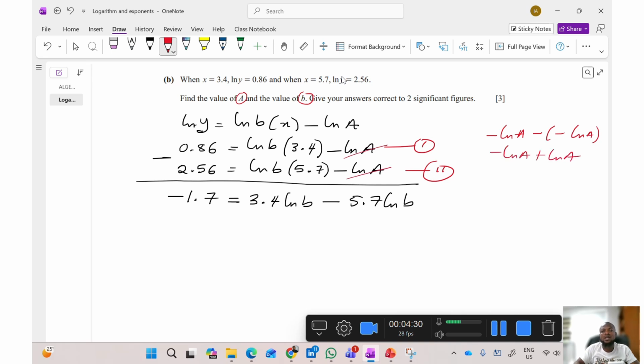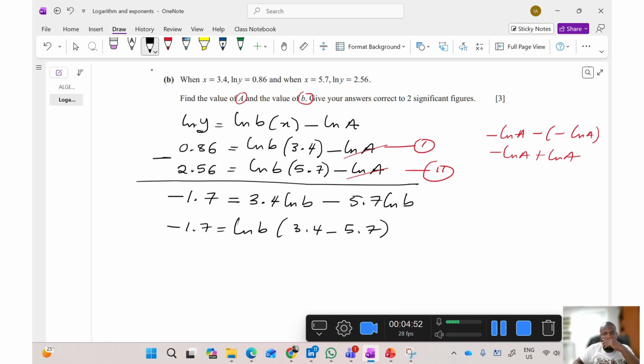That means these two cancel out. So we have minus 1.7 is equal to 3.4 ln b minus 5.7 ln b. Ln b is common, then we can factorize. So ln b times 3.4 minus 5.7.